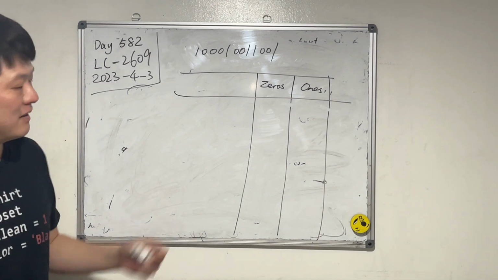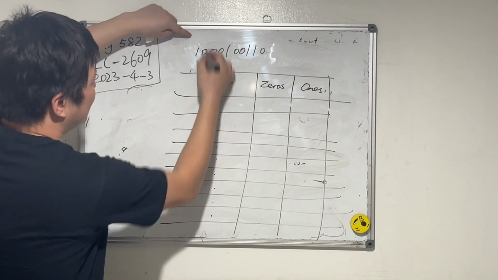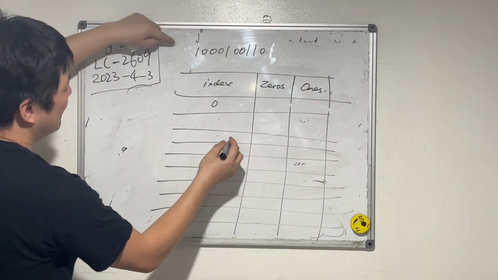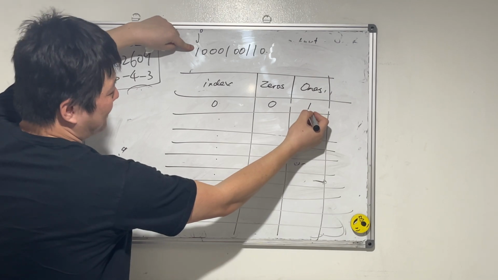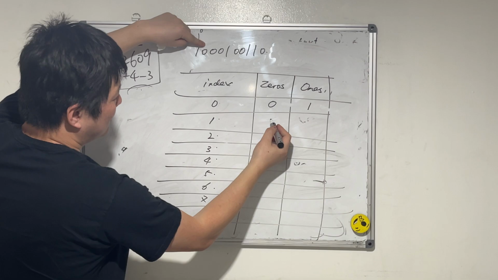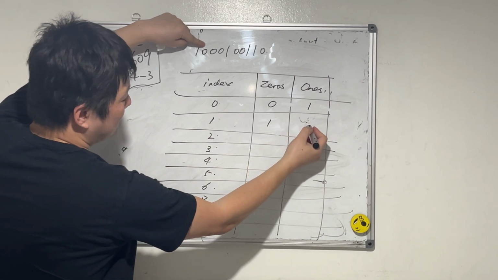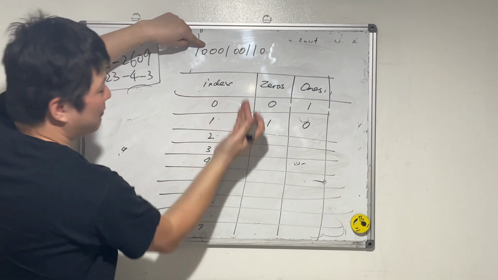So now I'm at an index. This is index 0. How many zeros? 0. How many ones? 1. Here, how many zeros? 1. How many ones? 1. Continue counting through the indices.